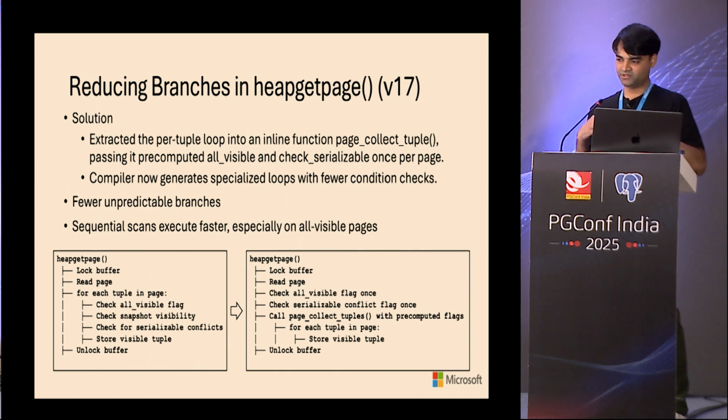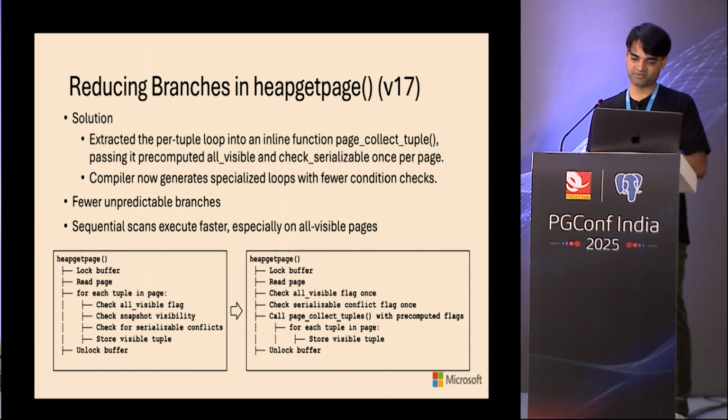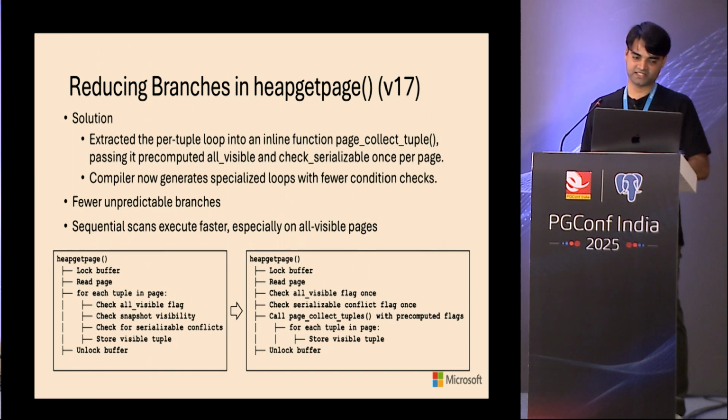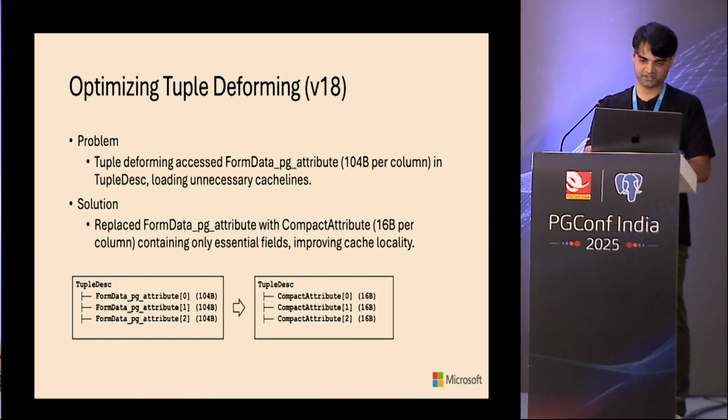So you calculate these flags once for a page, and then in the new version, you can just assume that the tuples are all visible if, for example, all visible is true, and you reduce branches a lot. So this allowed us to make sequential scans run significantly faster, especially for all visible pages. You might know that vacuum is able to set pages to be all visible. And if that's the case, then with this particular change, sequential scans were able to run much faster.